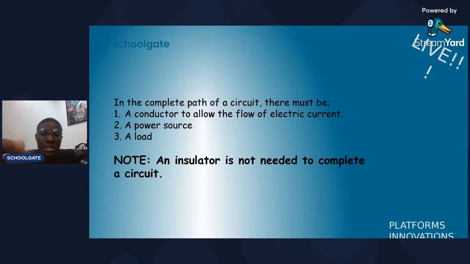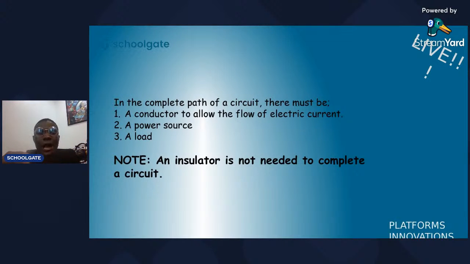So this is the positive terminal, which is the longer part, and the negative terminal, which is the shorter part. These two terminals will serve as the conductor, and the LED itself is the load.